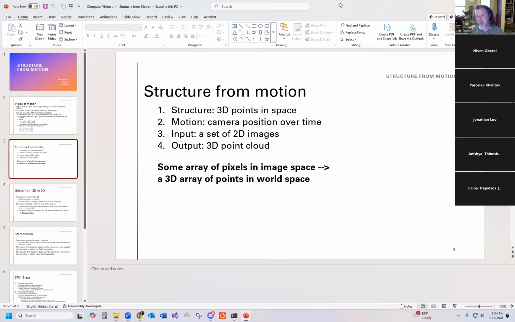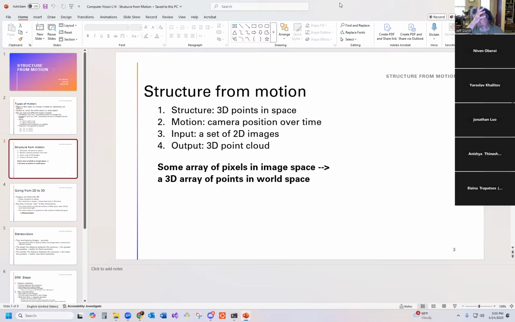It is a point cloud is what it's usually called, but it's essentially just an array of XYZ points of where everything is in the world. So our structure is a physical location in the world in 3 dimensions. Our motion is that the camera is moving over time because we can only find structure if we have some frame of reference, some baseline, some sort of standard to which we can compare, and that will help us out.